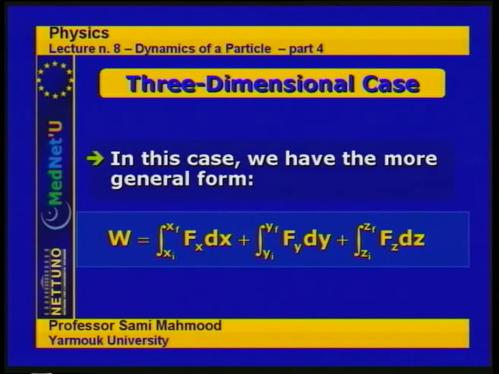Suppose that the object, under the influence of the three-dimensional force, moves along the x-axis, then dy and dz are zeros in this case, and again we obtain the one-dimensional case that we have discussed previously. So this is a general formula that is applied to any motion of the object along any trajectory and under the influence of any force.